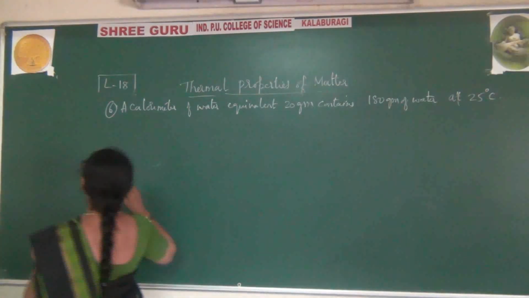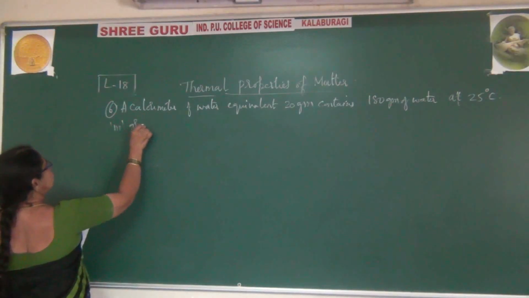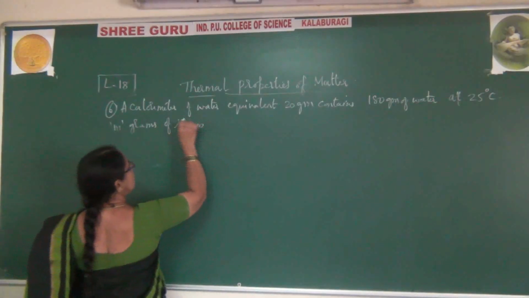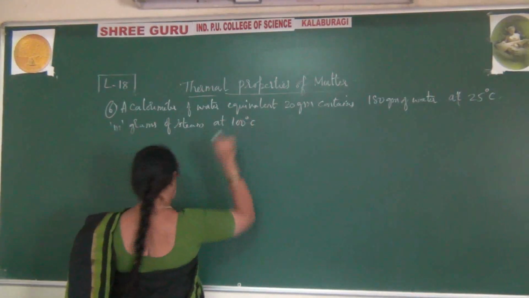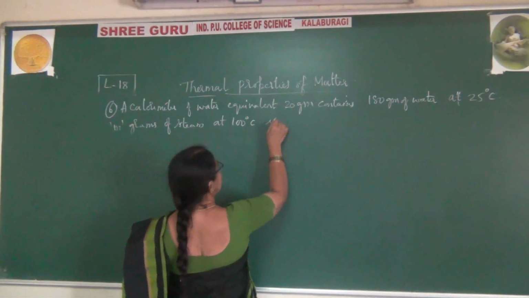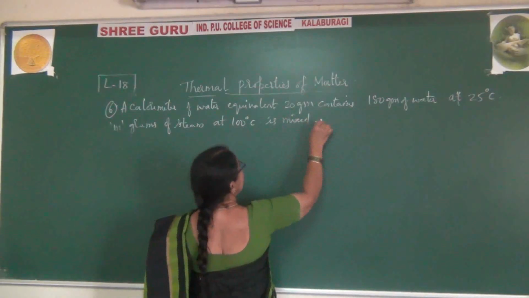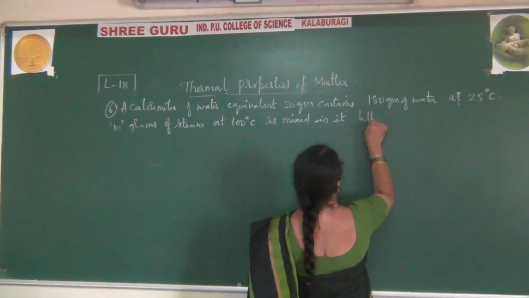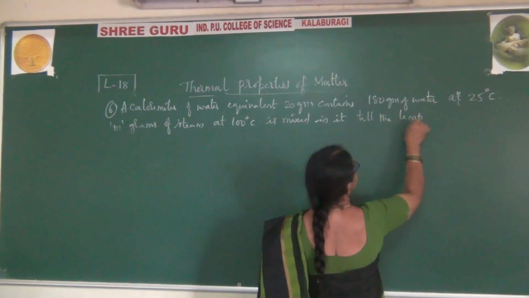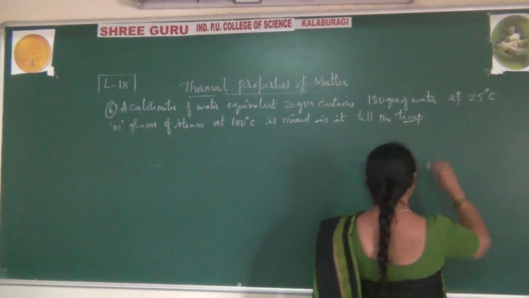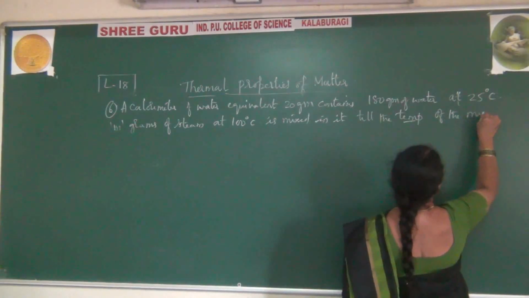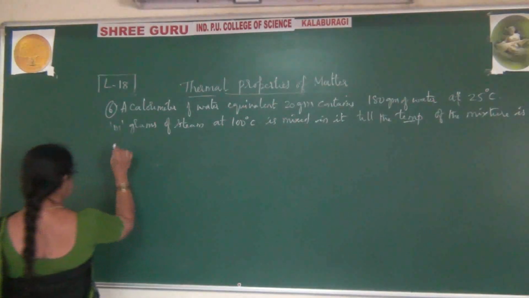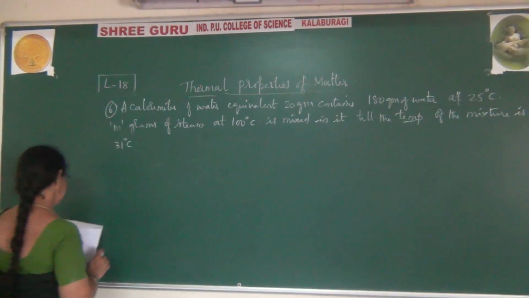M grams of steam at 100 degrees centigrade is mixed in it, till the temperature of the mixture is 31 degrees centigrade.